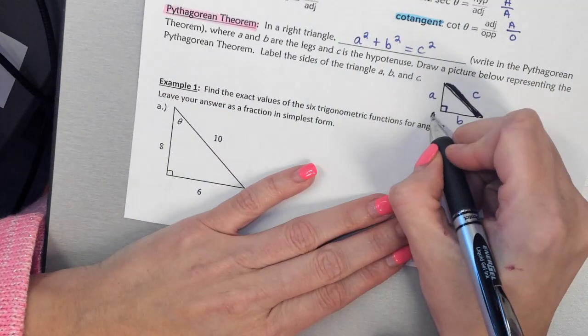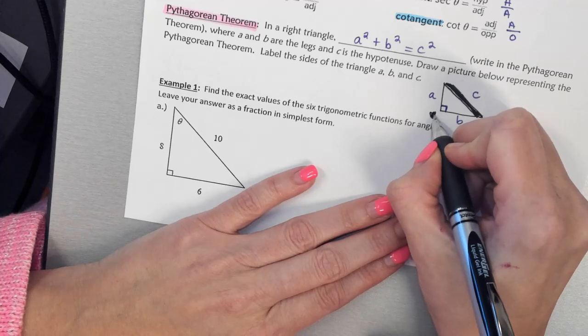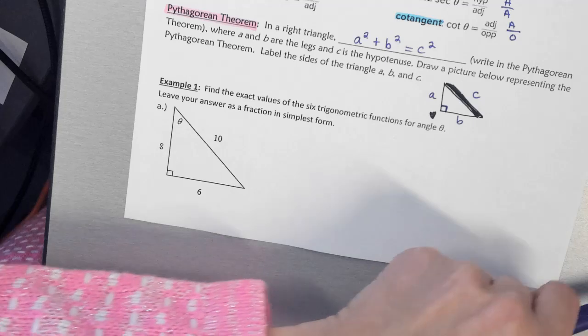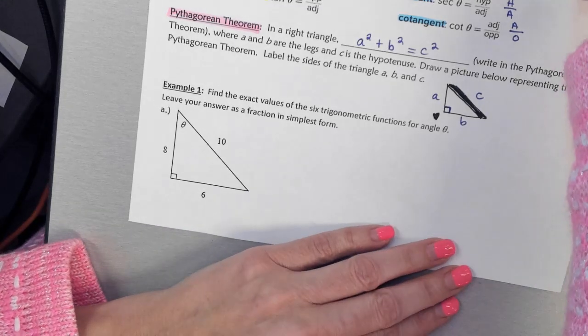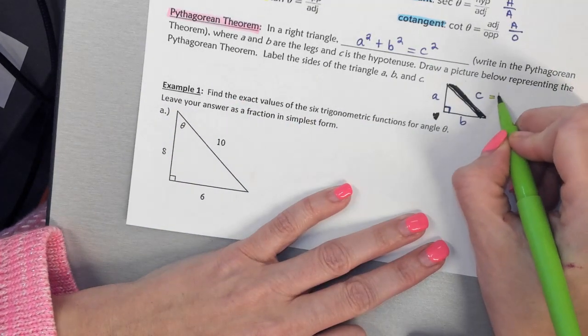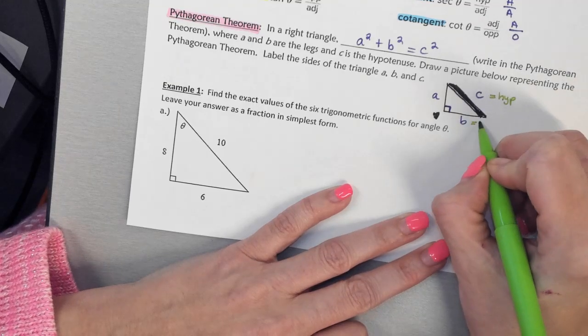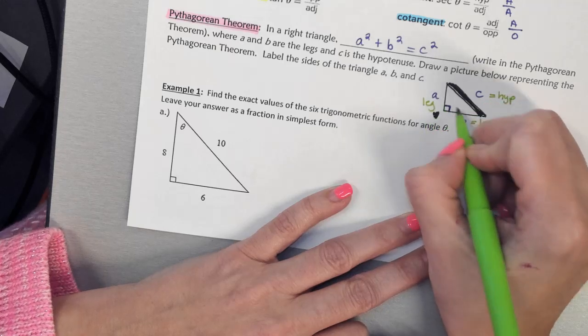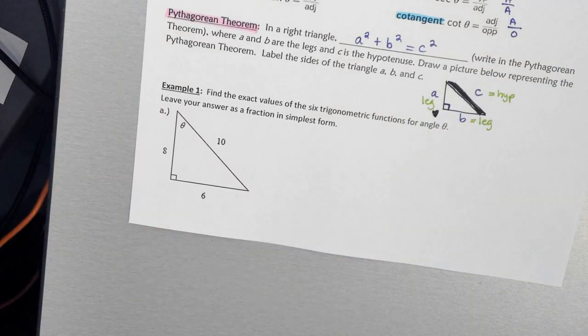And I don't have my white out, so we're going to have this side. Okay, so this is our Pythagorean theorem. We have the hypotenuse and the legs. So it does not matter which one is a and which one is b. Those are interchangeable. It really depends on what you label this.